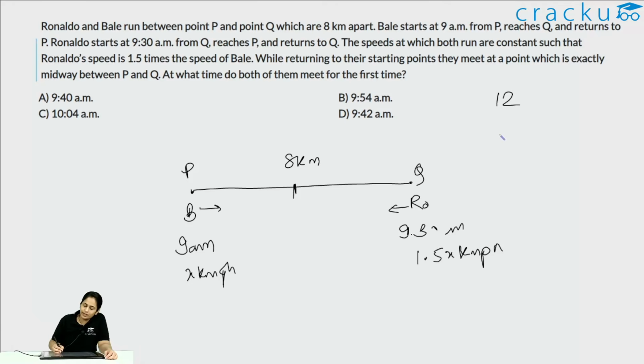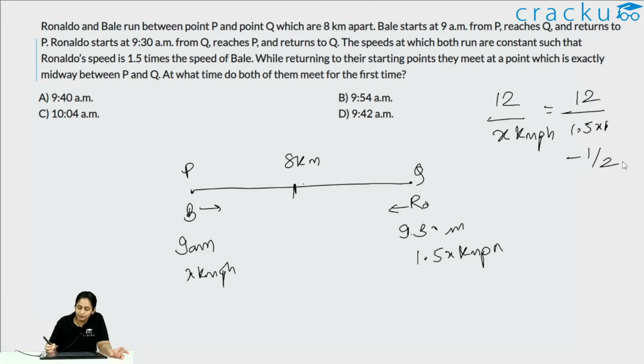So basically Bale covers this 12 kilometers, going 8 kilometers back, the 12 kilometers at say time t, so he goes at x kilometers per hour, so he covers it in time t, and Ronaldo is going to cover the same distance going at 1.5x kilometers per hour in half an hour lesser time. So this minus half will give you the time taken by Bale. If I try to solve this, how would I do that?